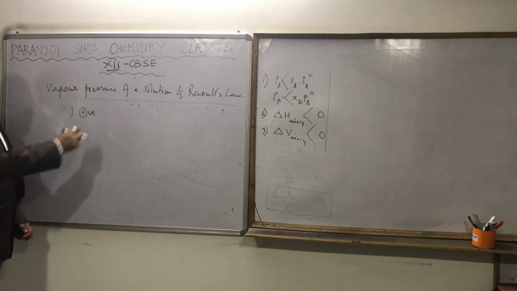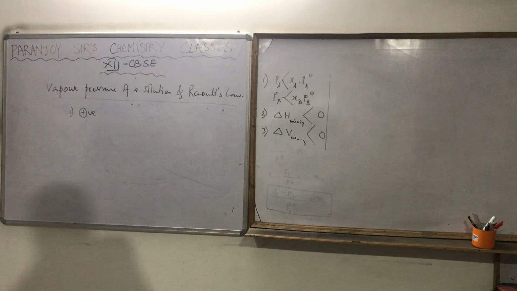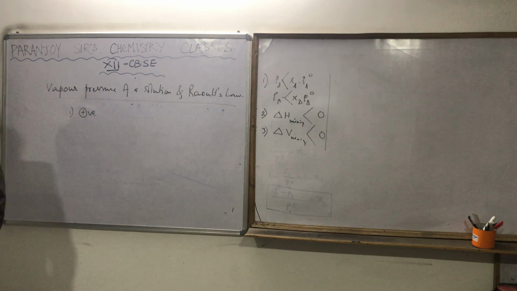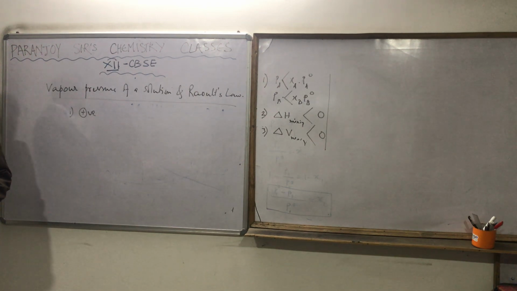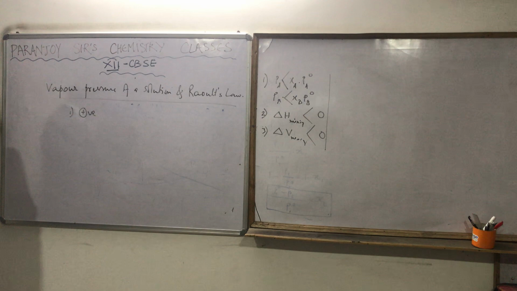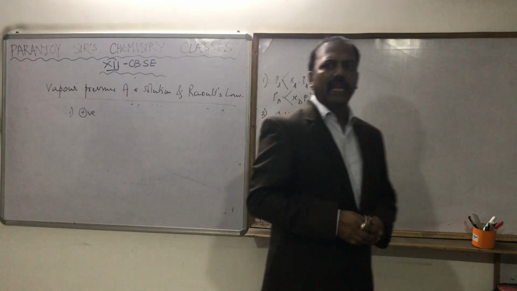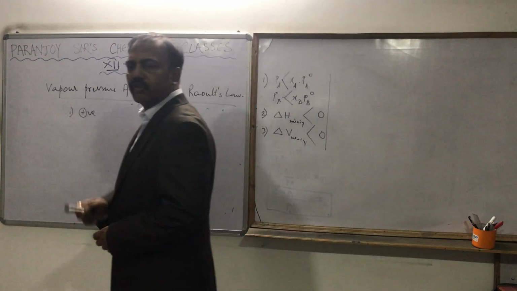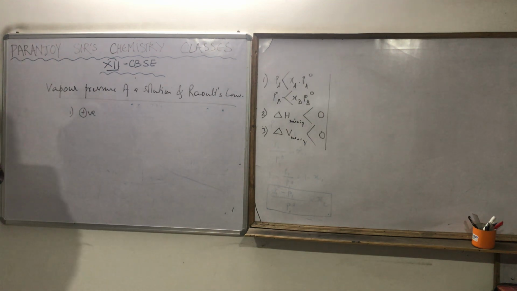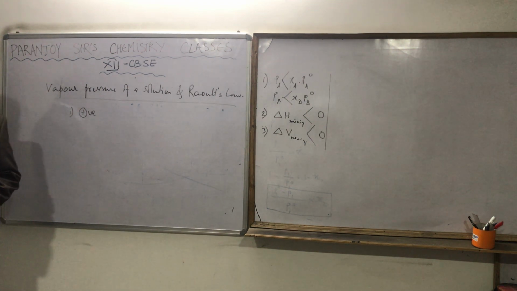Positive deviation is because the interaction between AA and the interaction between BB is higher than the AB interaction. When the AA and BB interactions are greater than the interaction between A and B, they show the positive deviation.